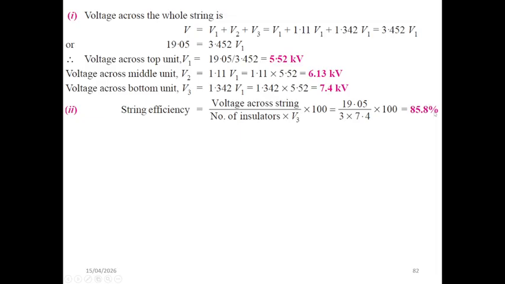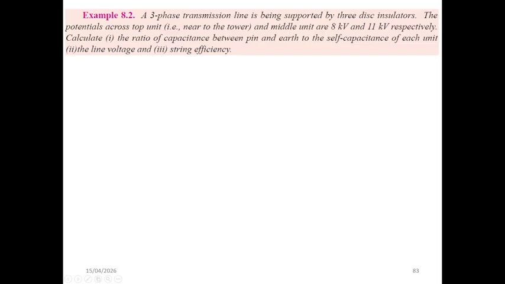The string efficiency is calculated as 85.8%, indicating that the insulator units are not equally utilized, and the bottom unit is subject to the highest electrical stress, and there is more probability that it will fail in the future.